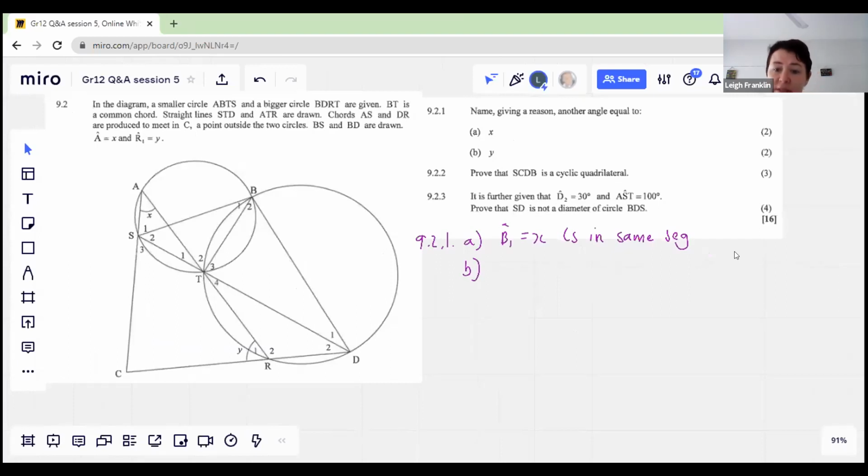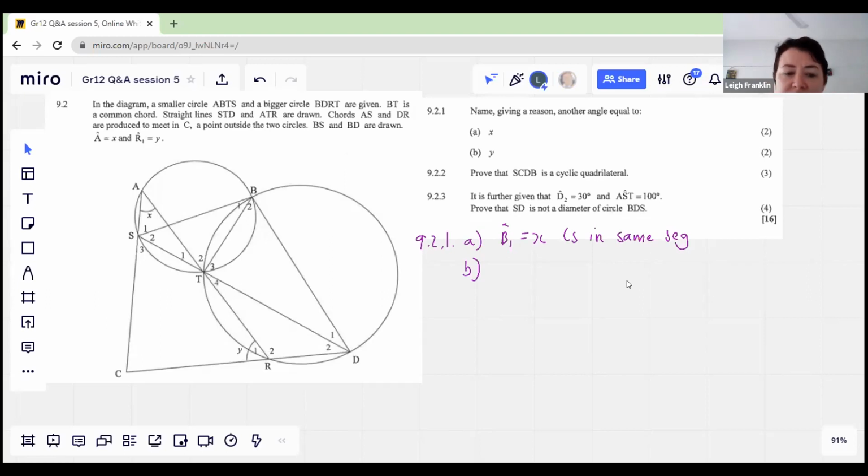Cyclic quad, exactly, it's a cyclic quad, okay? Chad, we don't know if it's a parallelogram because we don't know that RD is parallel to TB and that BD is parallel to TR, but it is definitely a cyclic quad because it has 4 points on the circle, right? So what do we know about the exterior angle of a cyclic quad, guys? The exterior angle of the cyclic quad is equal to the opposite. Which angle? Opposite interior angle, indeed, Chad.